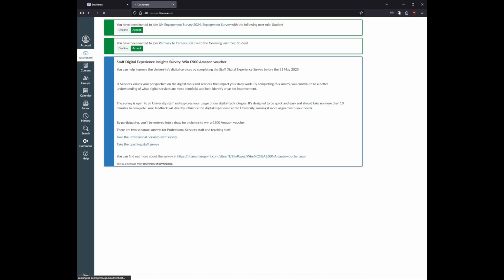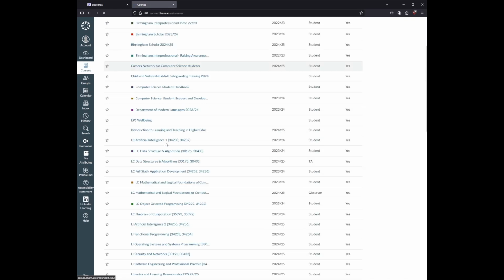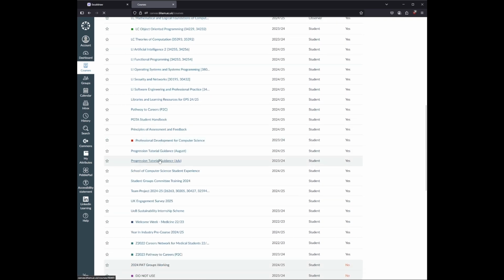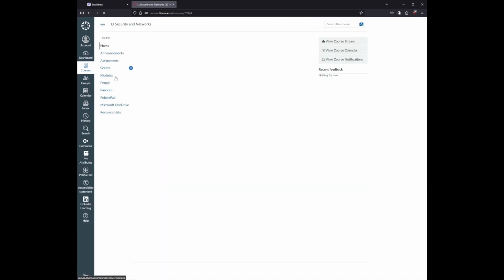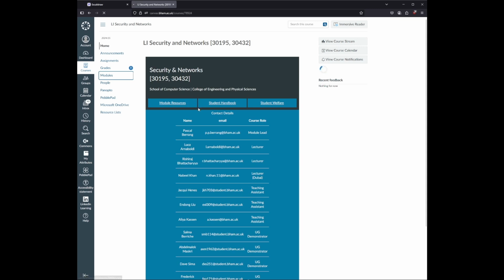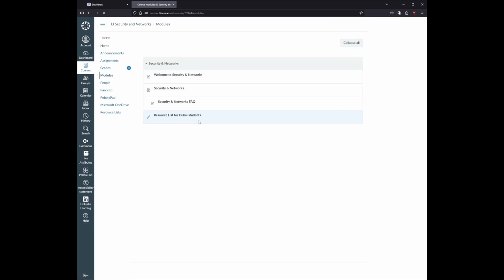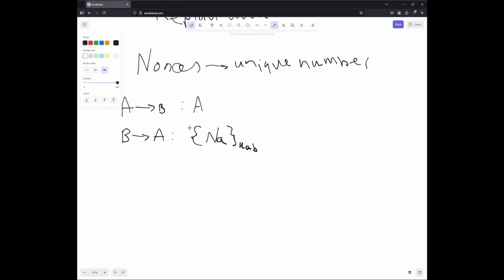Because in the Needham Schroeder slides it's the other way around. Yeah, that's interesting. Where is security and networks? Modules. Hmm. Maybe there's a mistake in the slides. Okay, cool. Let's replace it then.